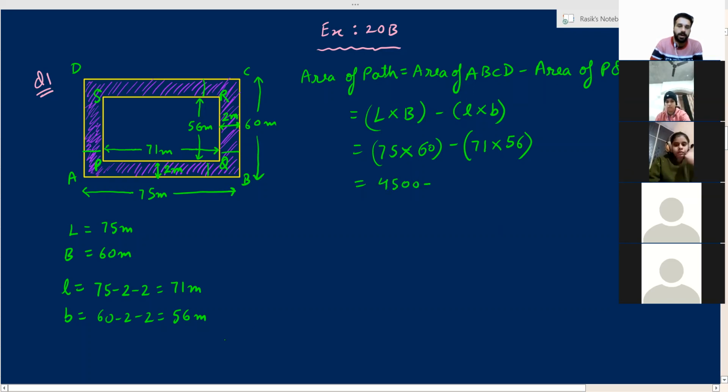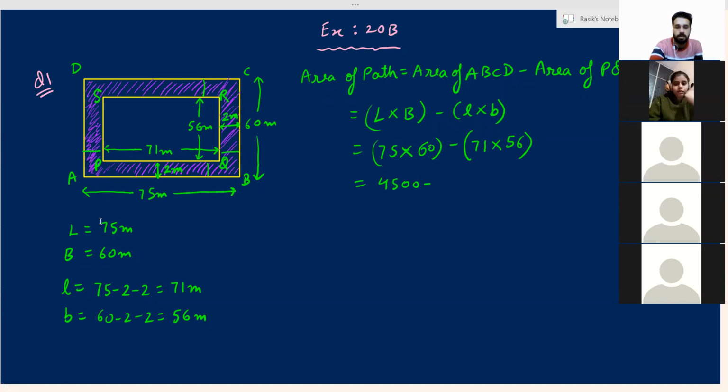What is the product of 71 and 56? So 3,976. Very good.